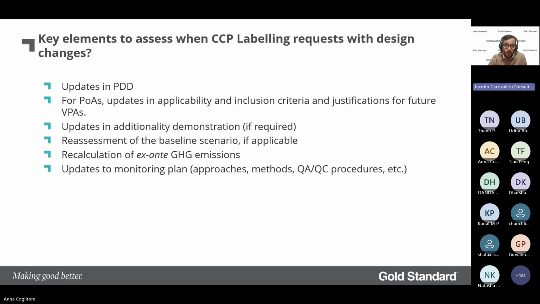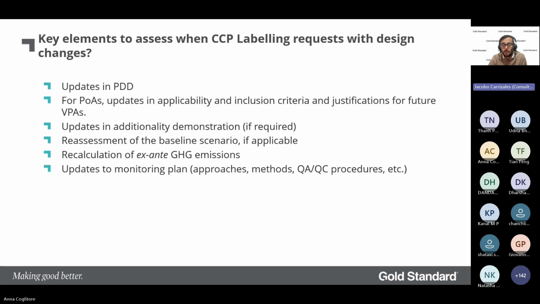In some cases as well, it might be necessary to reassess the baseline scenario. Again, sometimes it's applicable, sometimes not, and it is expected this condition to be fulfilled. Of course, if there is a need of updates in demonstration of additionality and the updating of the baseline scenario, it might be necessary to recalculate greenhouse gas emissions calculated ex ante, and all these updates have to be visible in the PD and of course all the supporting files.